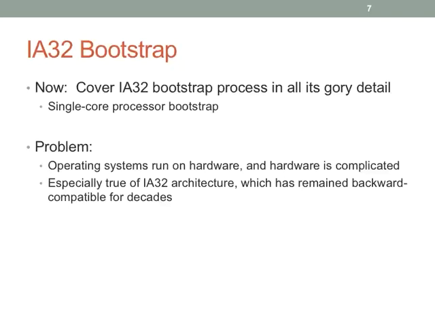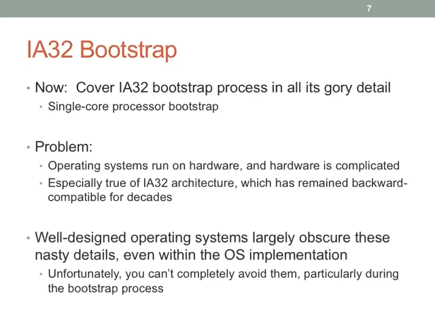Okay, so operating systems run on hardware. Hardware is complicated, and this is really true of IA32 because the Intel processor-based personal computer platform has been around for a long time. Early 80s, and a lot of the hardware, they've actually retained backward compatibility all the way along.